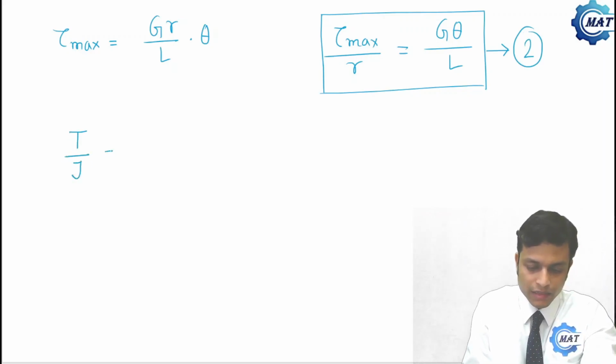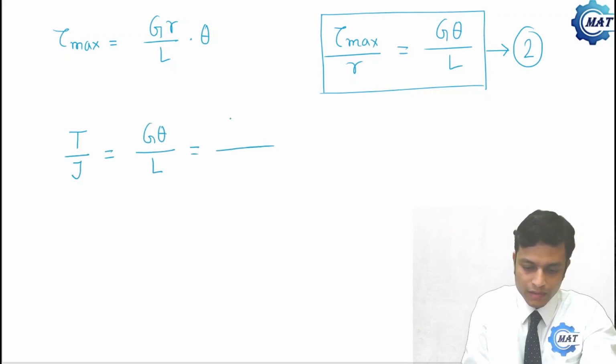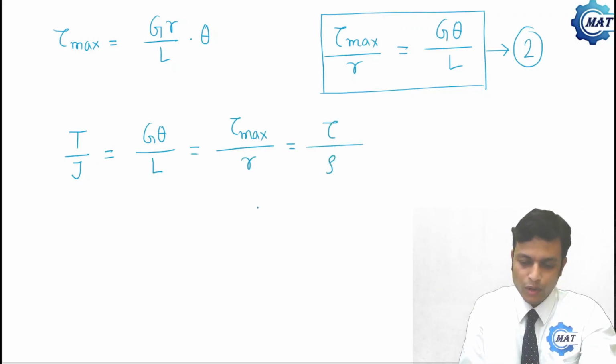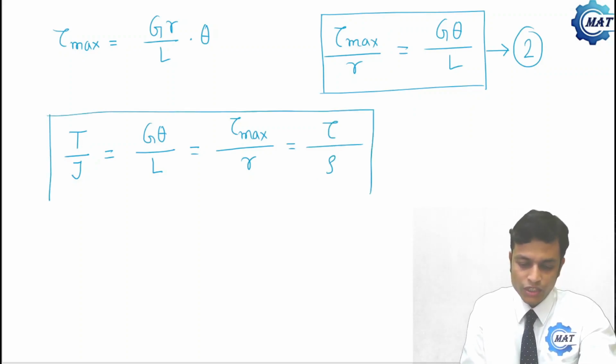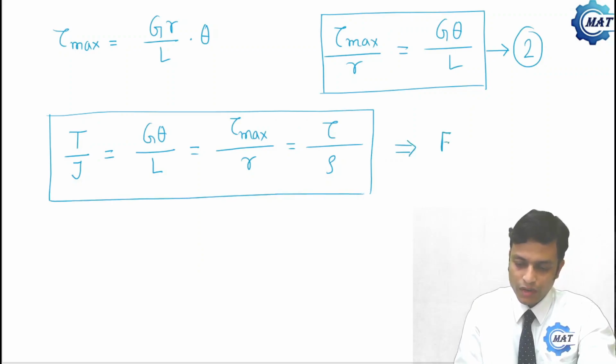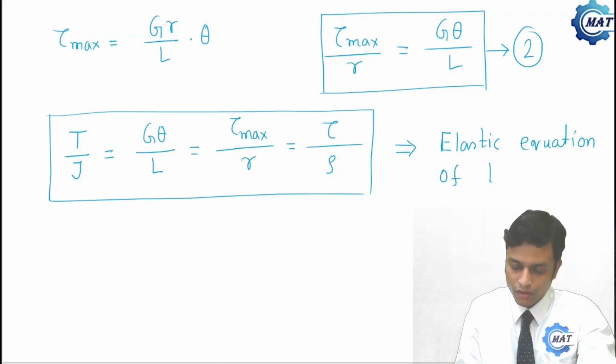T by J is G theta by L is tau max by R. Similarly, we can write tau by rho. Tau max by R is also tau by rho. So this is the equation of torsion. This equation is called the elastic equation of torsion.